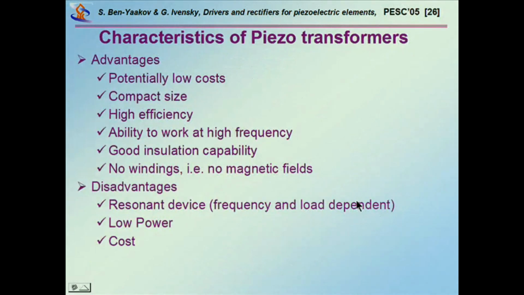Okay, what are the characteristics of the piezo transformer? Potentially, they have low cost. Potentially, because presently the amount produced in the market is not very large. The technology is very much similar to ceramic capacitors. This is exactly the same technology. You have layers, and you have electrodes, and you have ceramic material in between.